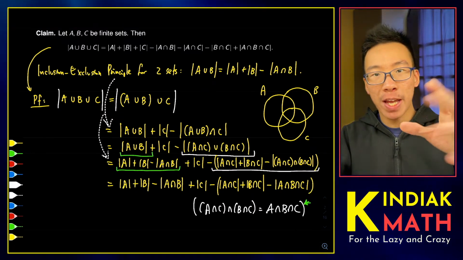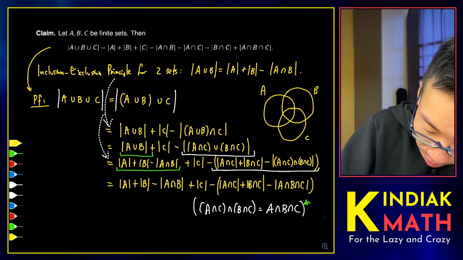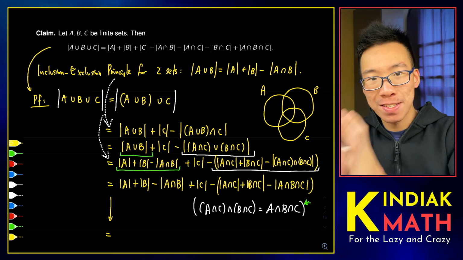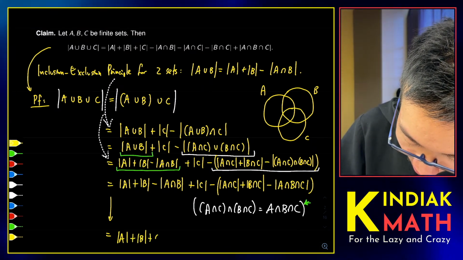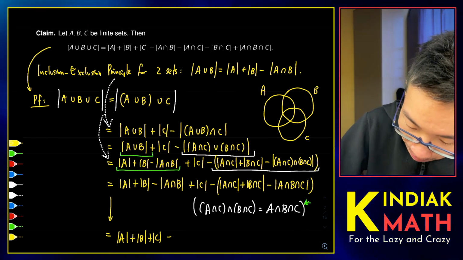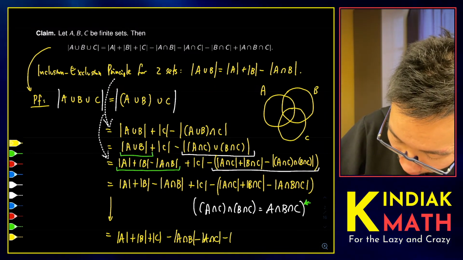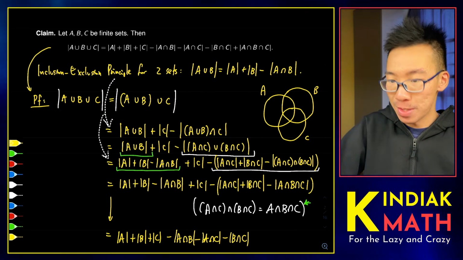But once we expand out all of the brackets, we consider all of the algebra, we can collect all of the one set terms, collect all of the two set terms, and collect all of the three set terms.